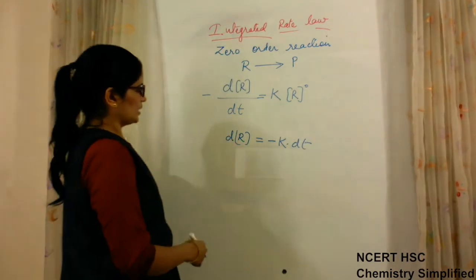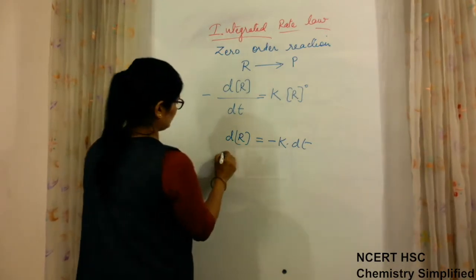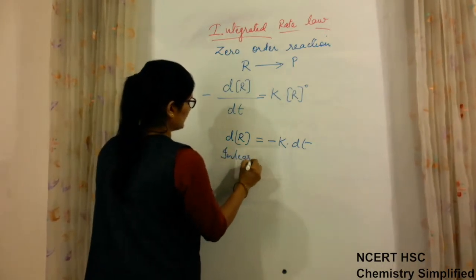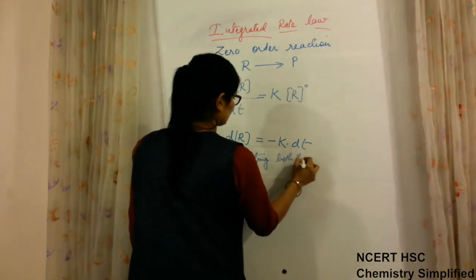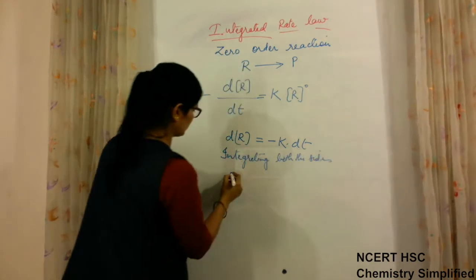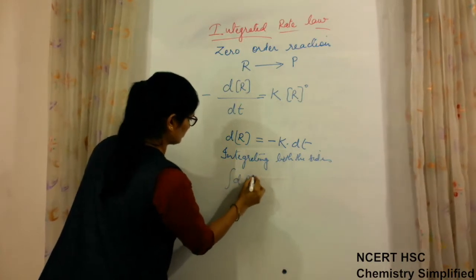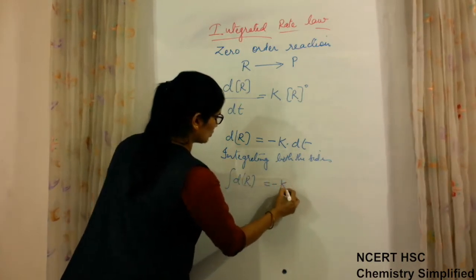Now integrating both the sides. K is already a constant.